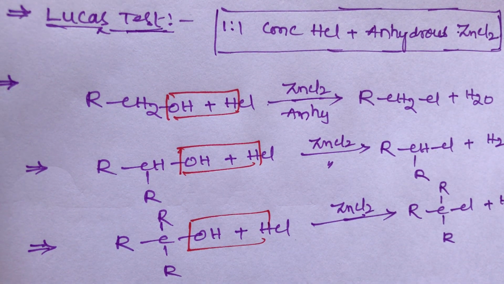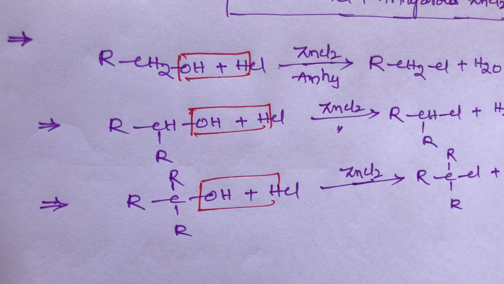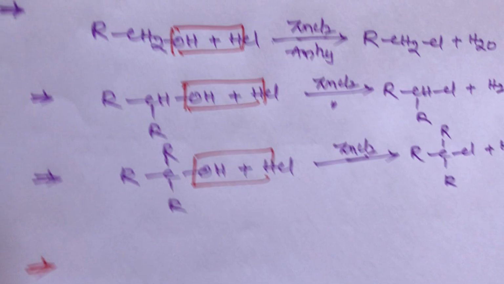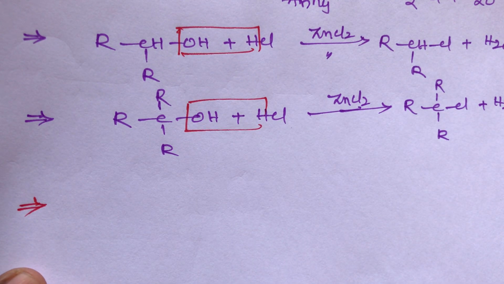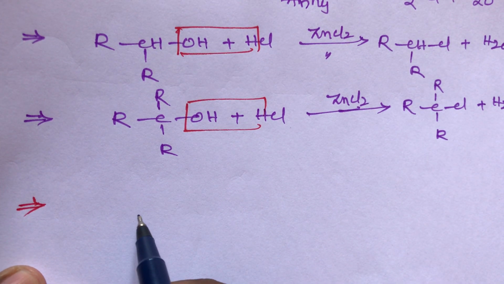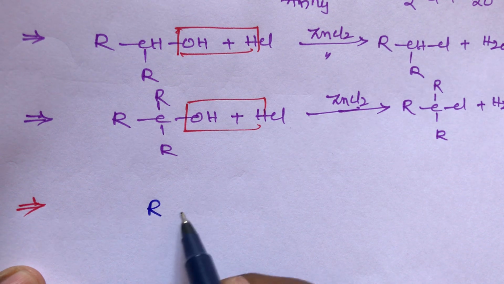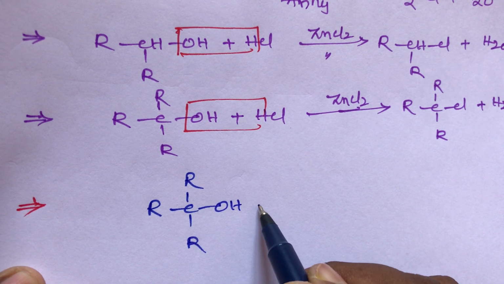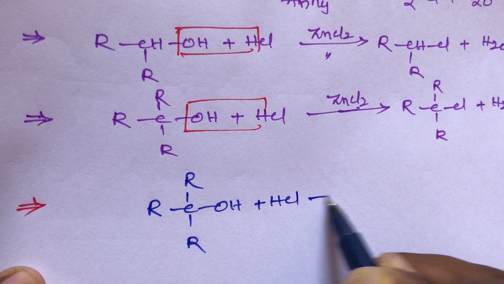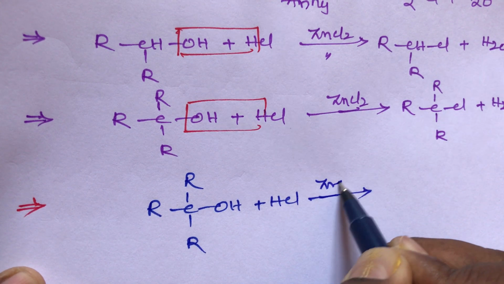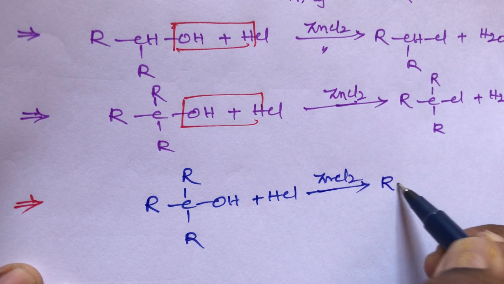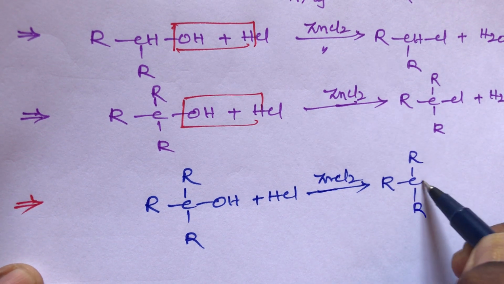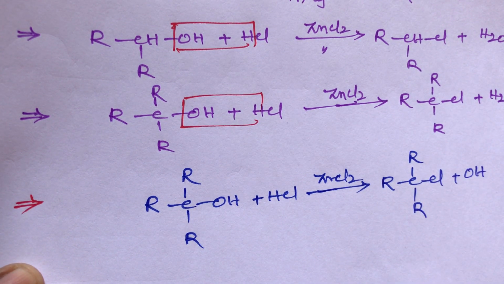Out of these three, which one is fast? Simply remember, students, tertiary alcohols react very fast. Tertiary alcohol ROH reacts with hydrochloric acid in the presence of ZnCl2 to give RCl, tertiary alkyl halide, plus water, H2O.